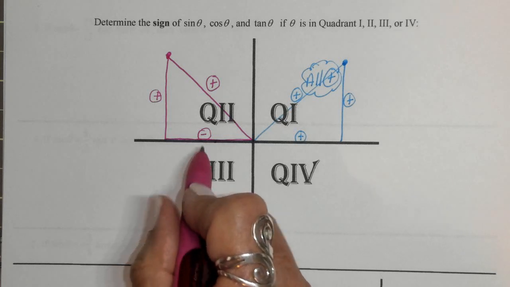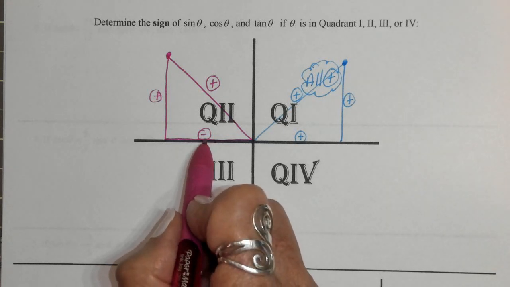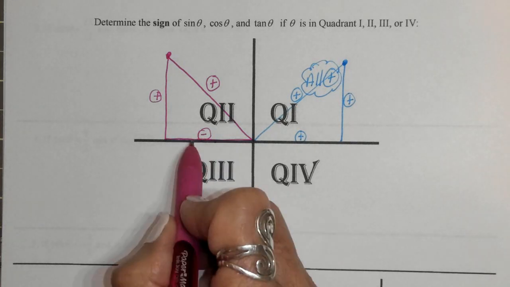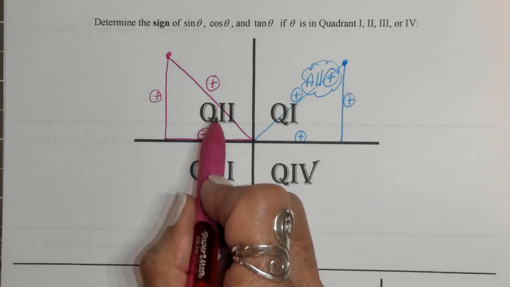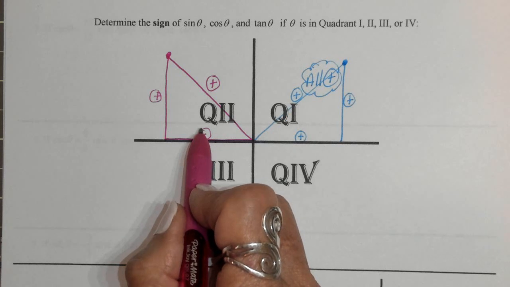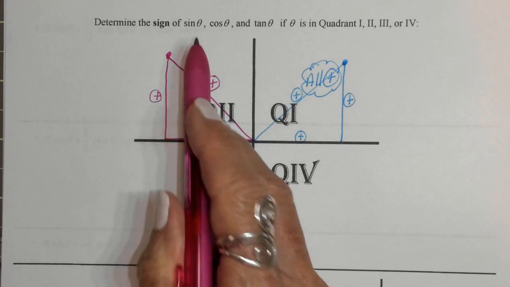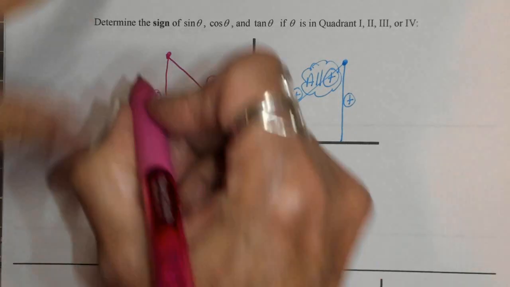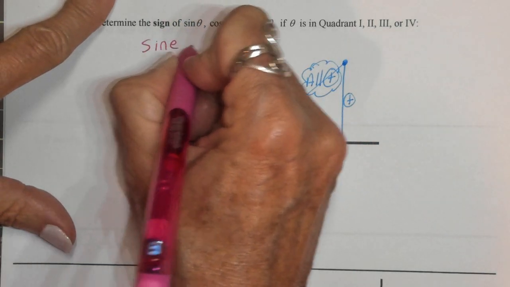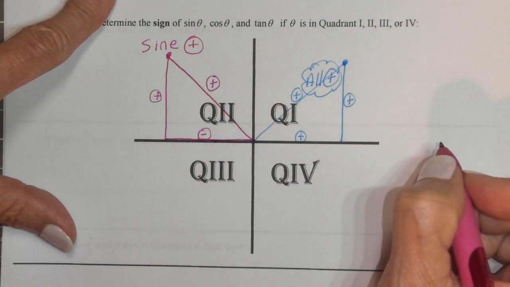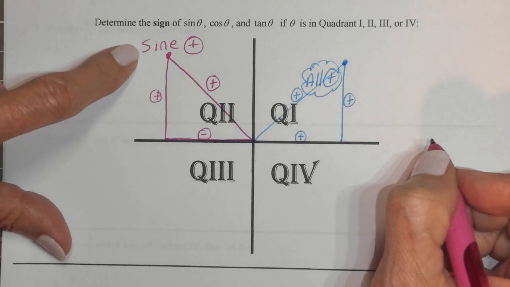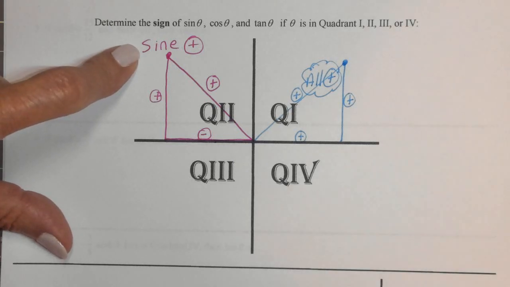Which trig ratios have adjacent in it? Cosine and tangent. So cosine and tangent and their reciprocals will be negative. Sine is positive here. It's the only positive one there, and its reciprocal, cosecant.